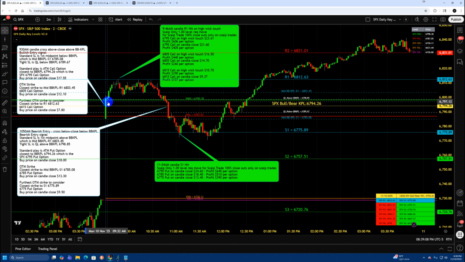Now, as far as what specific strike of SPX options you would use with this trade, there are 3 different strikes you can use. On any trade that you take off of any main R level, main S level, or the bull bear KPL, there are always going to be 3 different strikes to pick from.